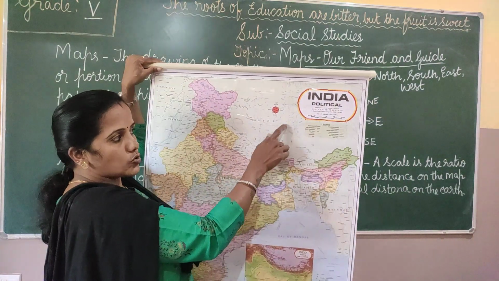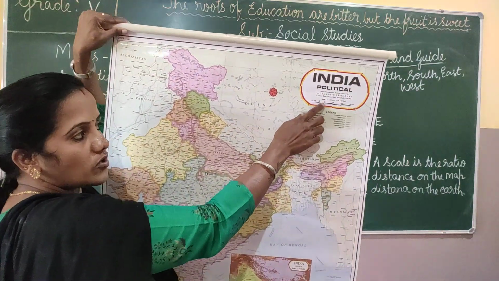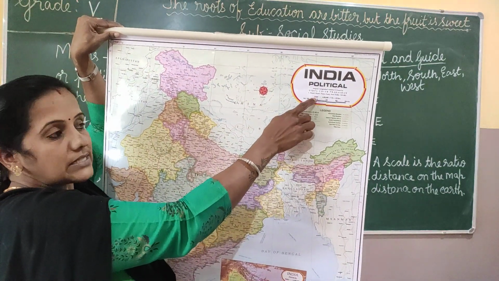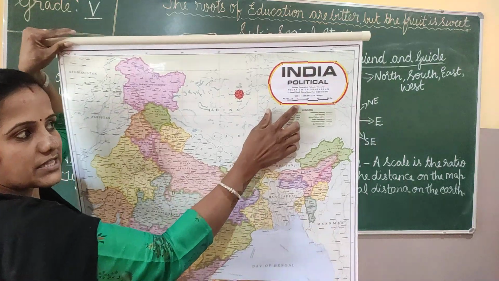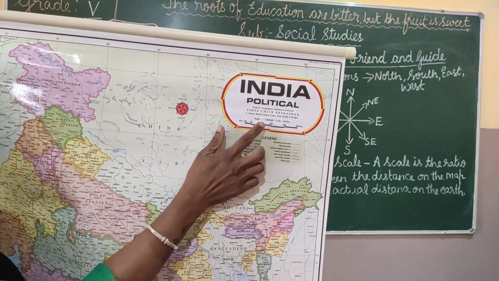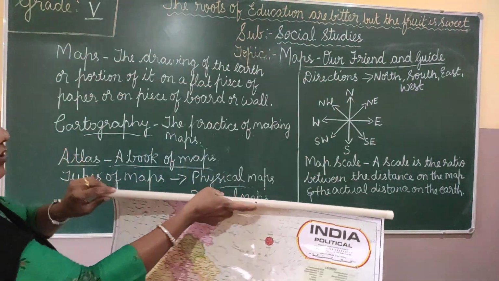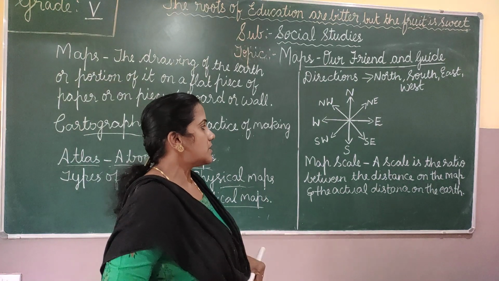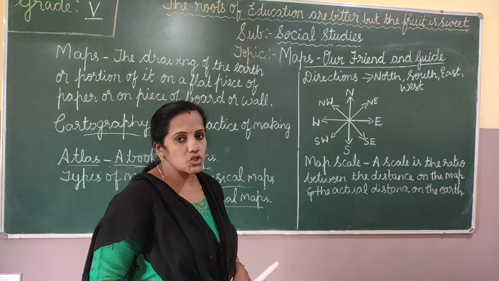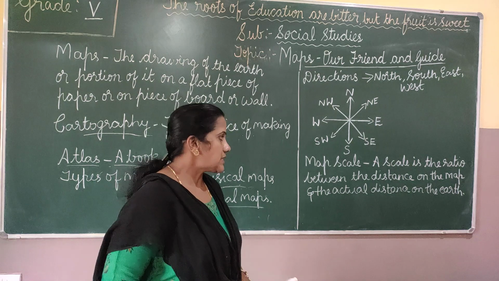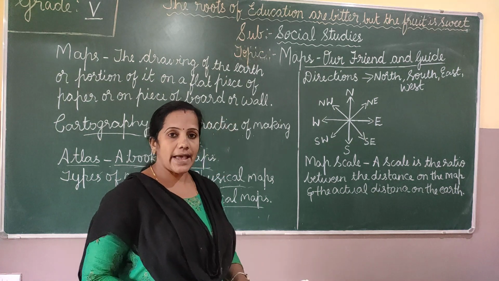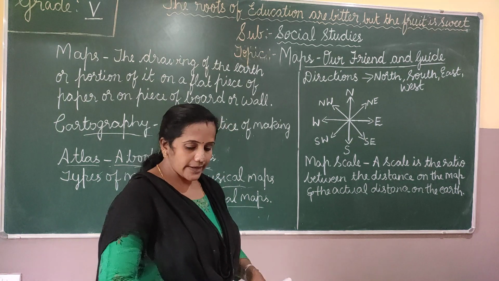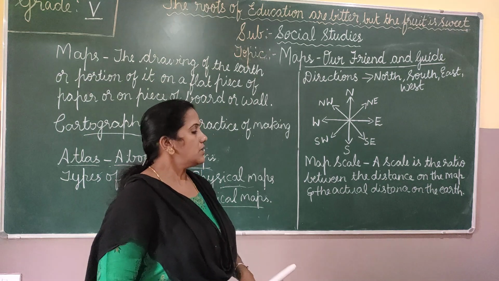The scale used to draw a map is always shown in the corner of the map, like this. So a scale is the ratio between the distance on the map and the actual distance on the earth.